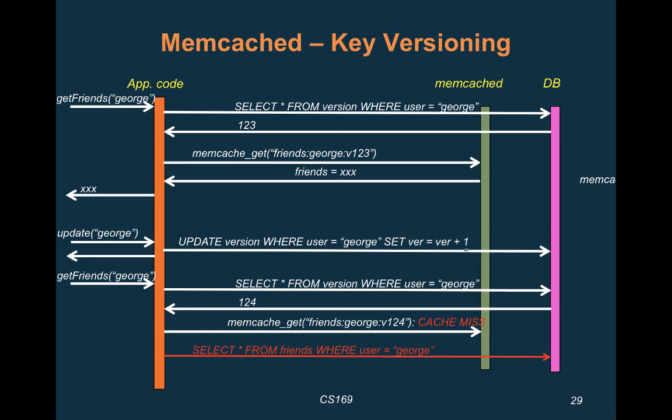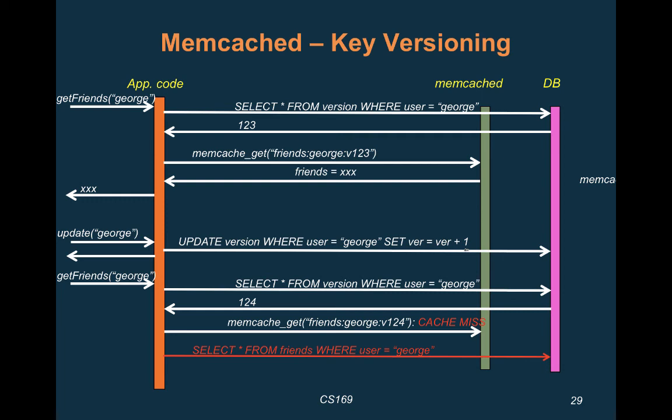Very good observation. Aren't we negating all the advantages of Memcached by going to the database before going to the cache? Because we were going to the cache to avoid going to the database, but now we force a request to the database. Well, it turns out it doesn't, because these are very cheap queries.